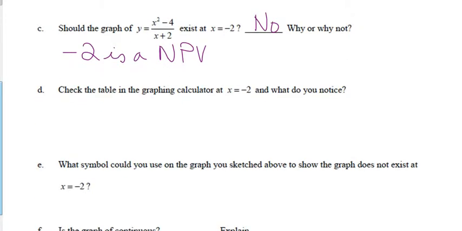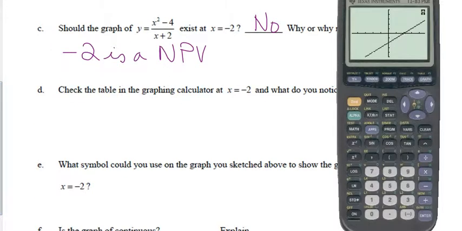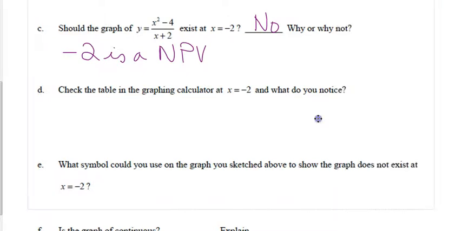Check the table in the graphing calculator. So if we go second table, and we look at negative 2, what do we get? Error.